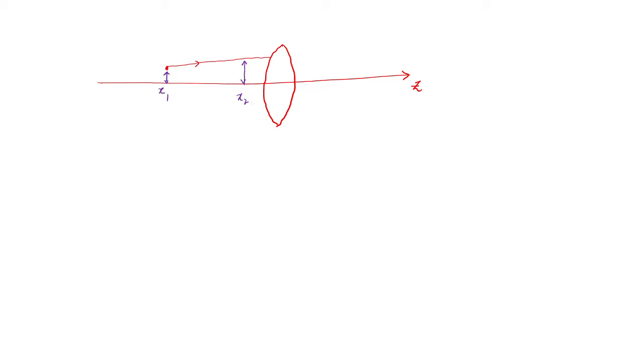Now I can draw a horizontal here and call this angle alpha 1. Similarly, I can draw another horizontal here and call this angle alpha 2.